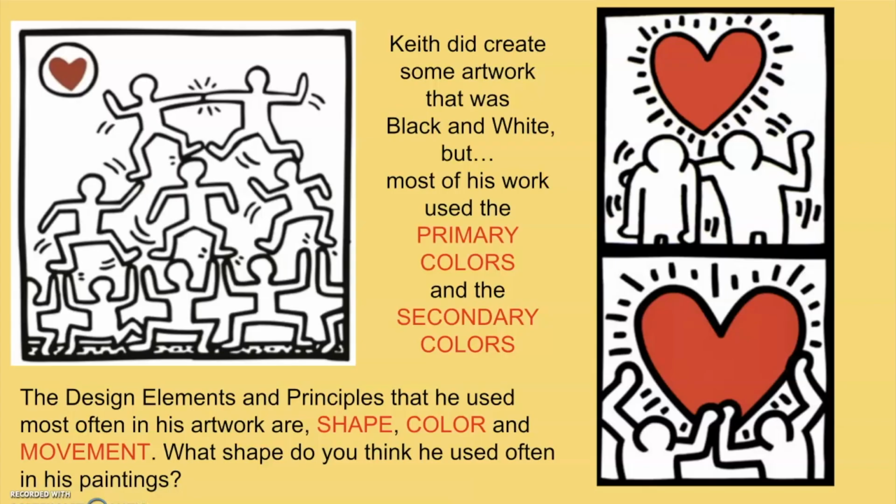Keith did create some artwork that was black and white, but most of his work used the primary colors and the secondary colors. The design elements and principles that he used most often in his artwork are shape, color, and movement. What shape do you think he used often in his paintings?